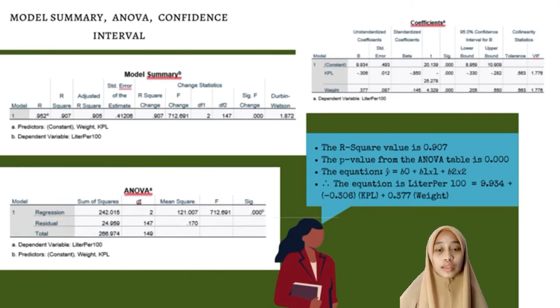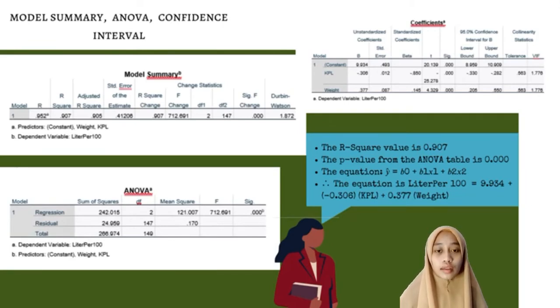Thus, for every unit increase in weight, the liter per hundred usage will increase by 0.377, while KPL distance remains unchanged. Similarly, for each increase in distance KPL, liter per hundred will change by negative 0.306 and weight remains unchanged.